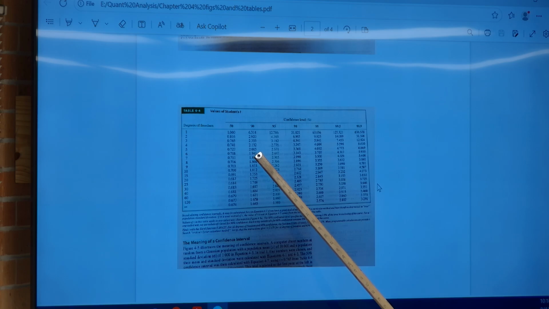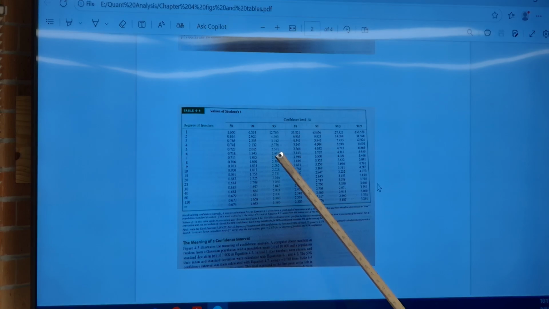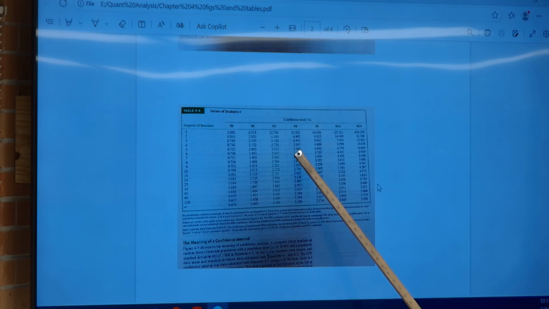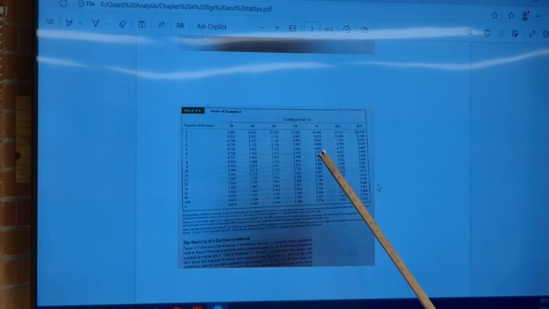If we want the confidence level to be 95%, then the t-value is 2.57. As we increase the confidence level, the t-value is larger. Move to 98%, then 3.365. To 99%, 4.032.